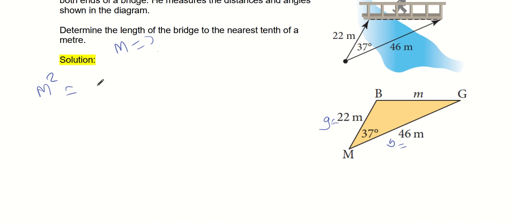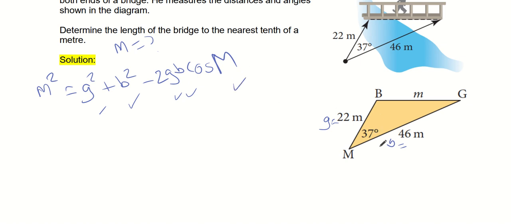So it'll be g squared plus b squared minus 2gb, that's all multiplication, and then cos capital M. We have capital M.